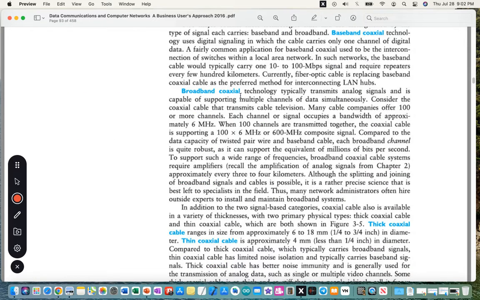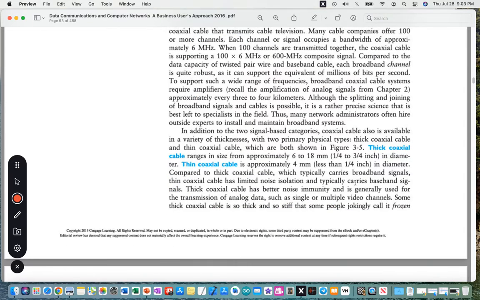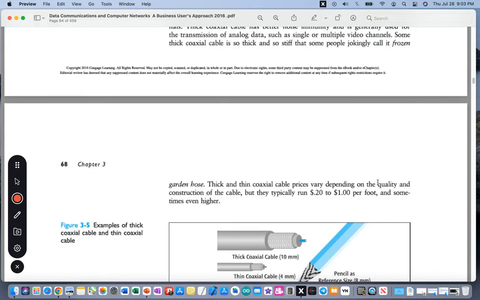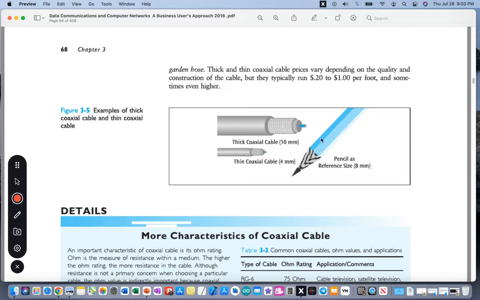So this is baseband coaxial cable, and thick. There are 2 types, the thick and thin, and here's the pan, and shows the thin on the lower side and the thick on the upper side. And this is a comparison, this is 10 millimeters and this is 4 millimeters, thick and thin.